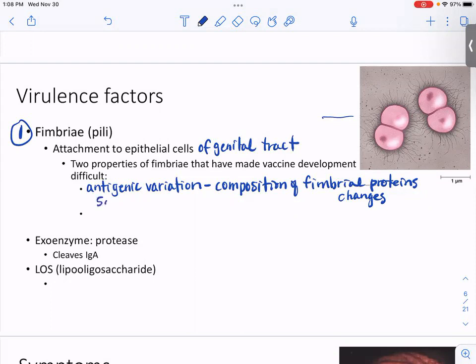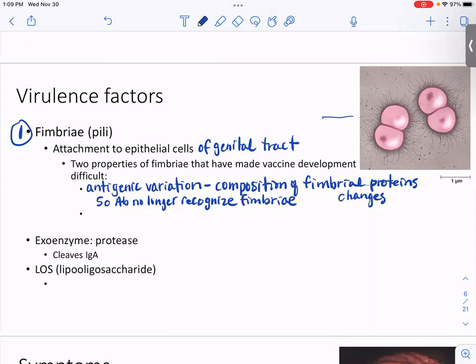We'll say, so antibodies produced no longer recognize the fimbriae. Okay. So that's really the main reason that people can get gonorrhea over and over and over again. And that's why we don't have a vaccine, because again, it's just so antigenically diverse.